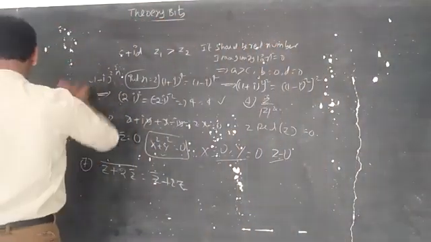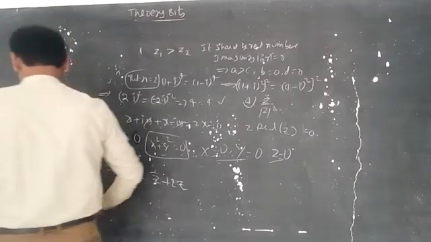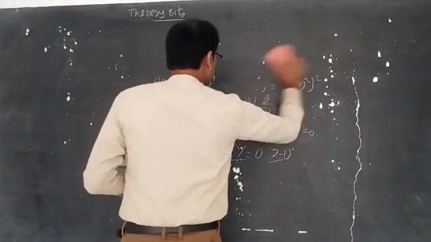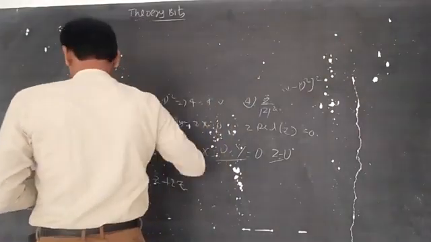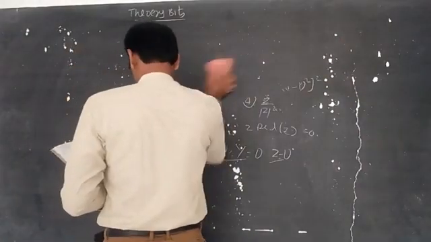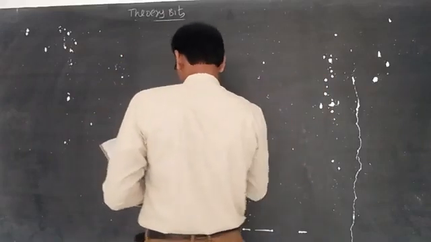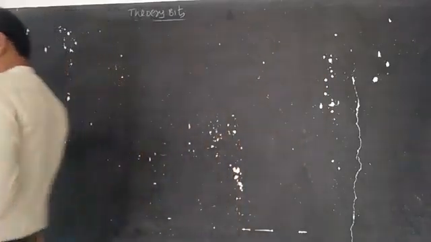The complex number z equal to 1 plus i is represented by the point P in the Argand plane, and OP is rotated by an angle pi by 2 in the counterclockwise direction. Then the resulting complex number is?